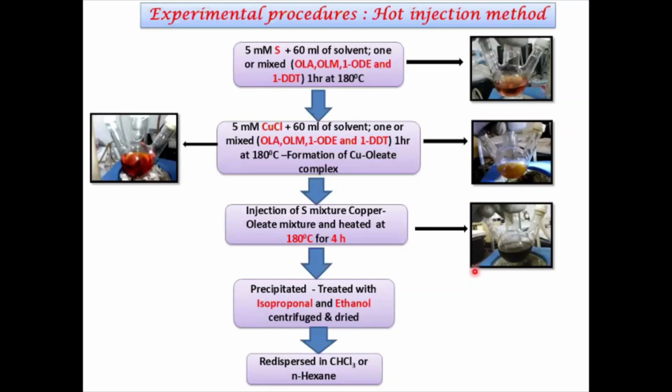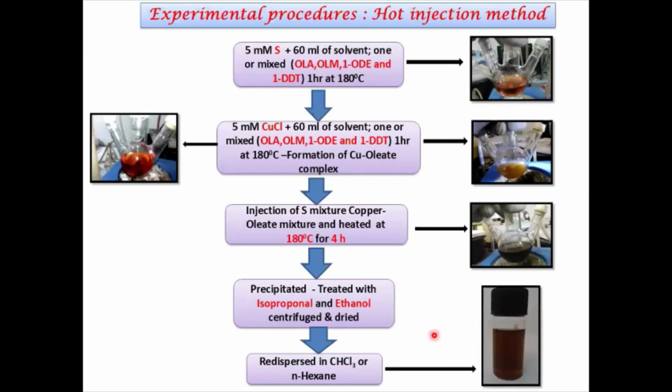Again, we used different surfactants: oleylamine, oleic acid, octadecene, and dodecanethiol. We are able to get a very good evolution of the digenite phase of copper sulfide after centrifuging with isopropanol and ethanol, and then finally dispersed in chloroform or hexane.